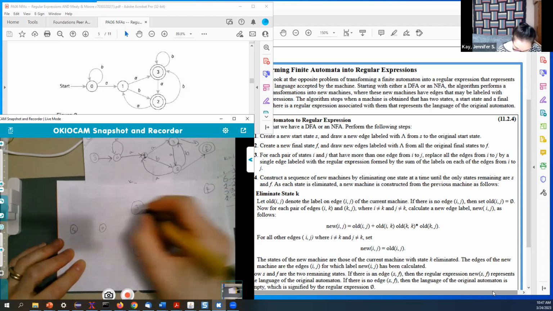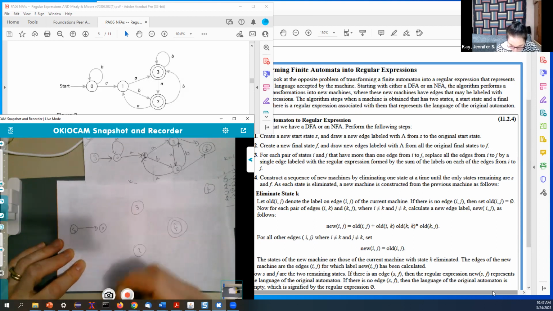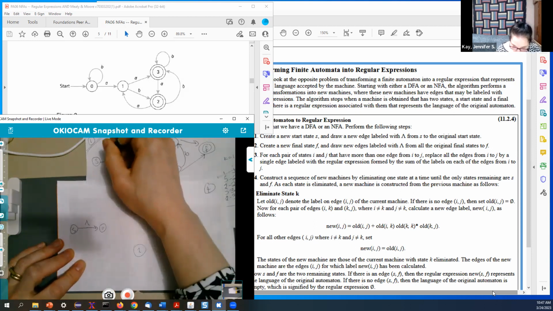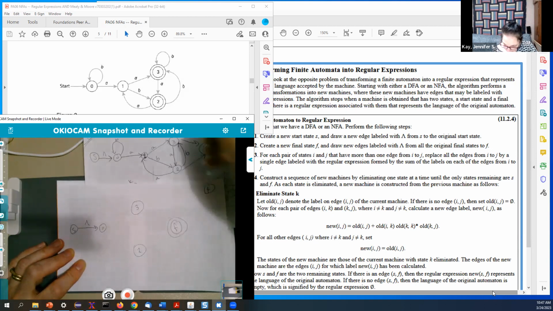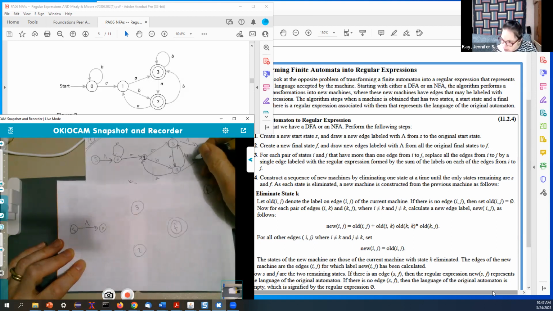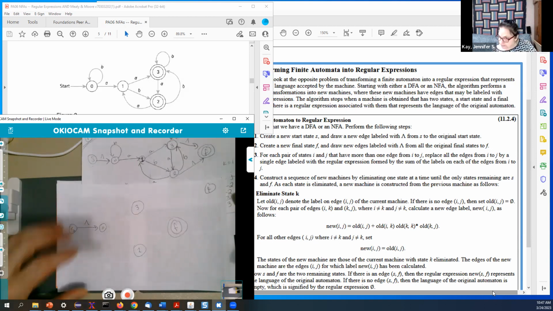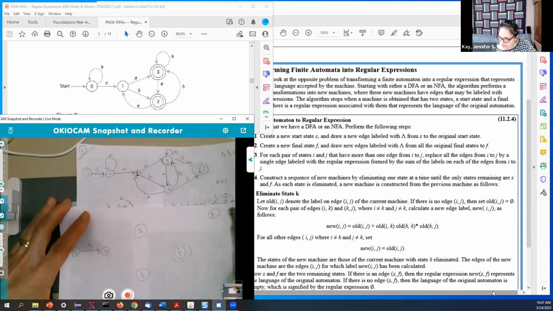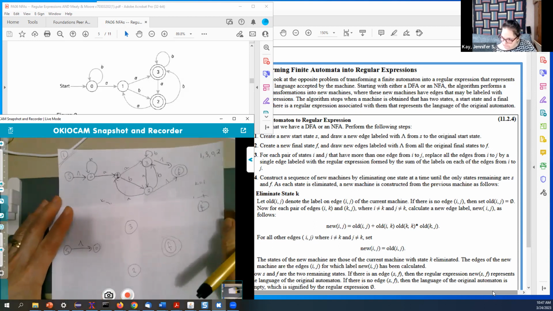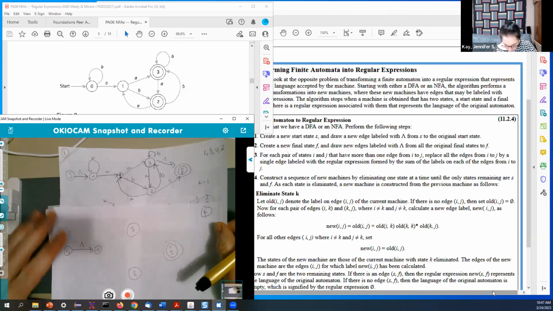So there's that arrow. That should have a lambda transition on it, and those should have lambda transitions on them too. Tell me if stuff moves off the screen, by the way.